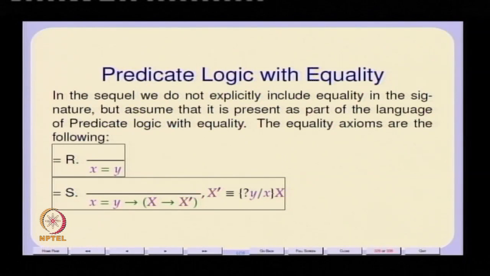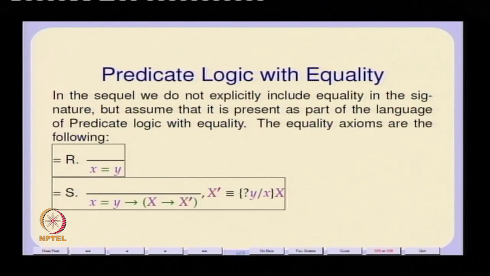I can just choose to replace some occurrences by equal elements, and I still get something that's equal, right? So this question mark essentially denotes that x prime is obtained from x by replacing 0 or more occurrences of small x by small y.